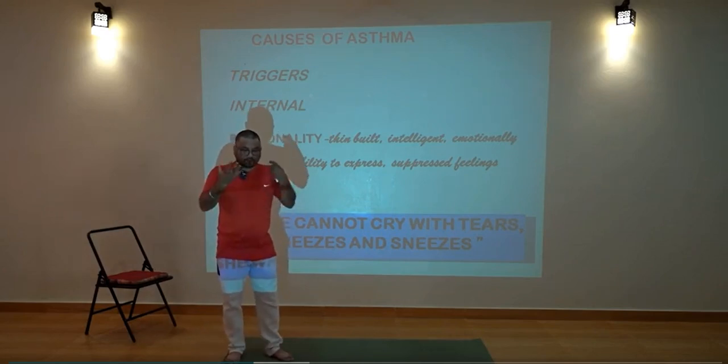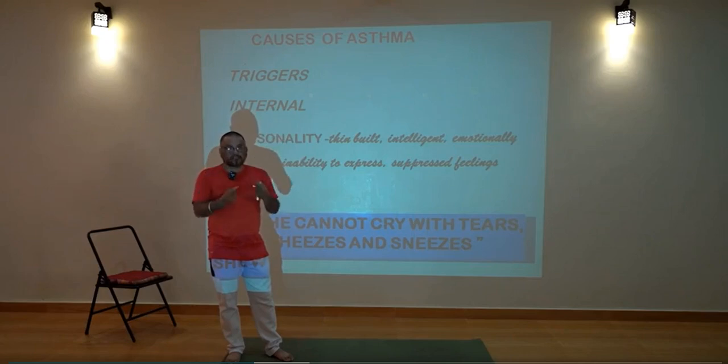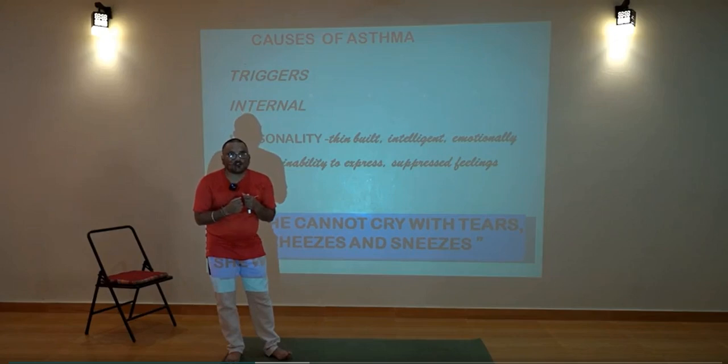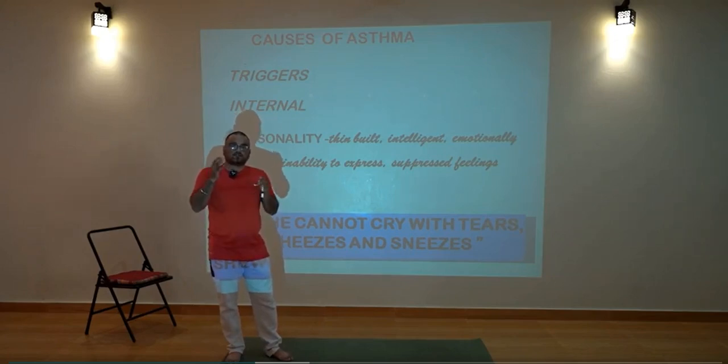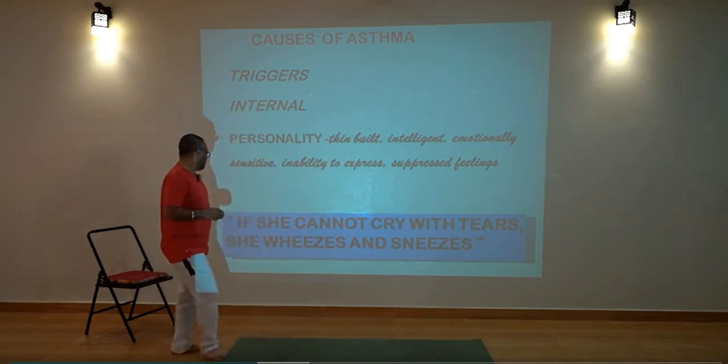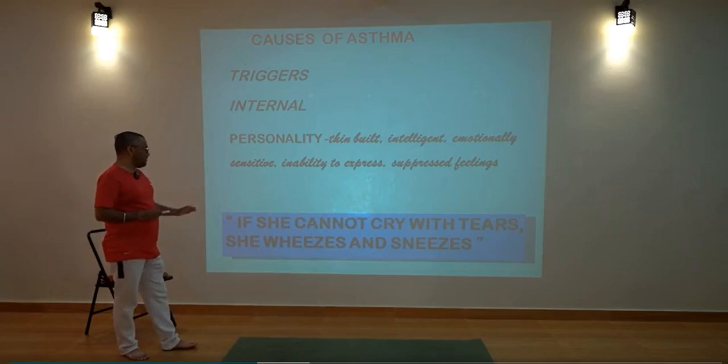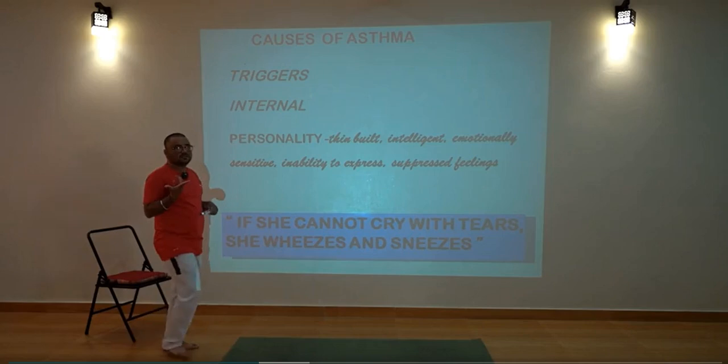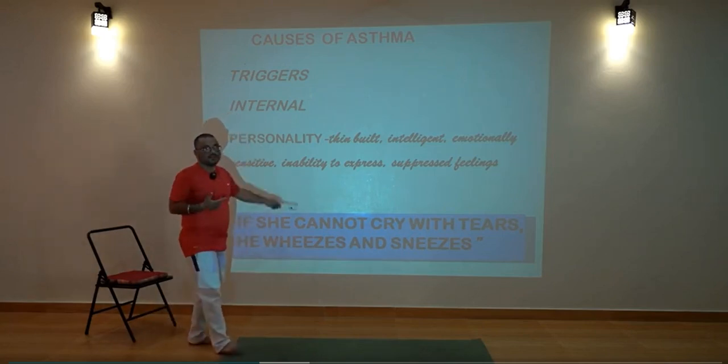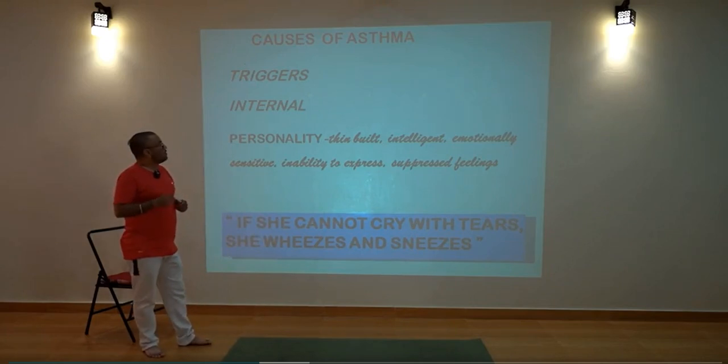The more you release, the more it releases the tension from your muscles, from the posture, and from your fluctuations also, and makes you stand more tall and straight, and that can change your personality trait also. So if she cannot cry with tears, she wheezes and sneezes. It's written over there now. If she cannot cry with tears, she wheezes and sneezes. And then it can change into asthmatic problems. So go to the next one.